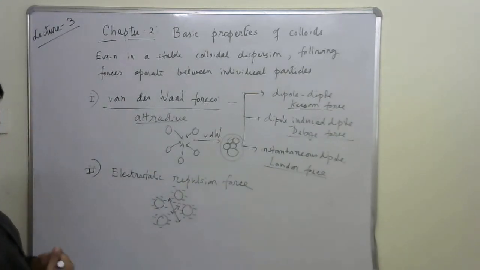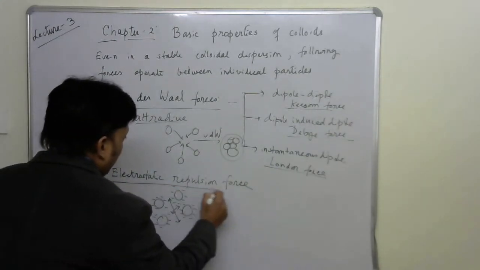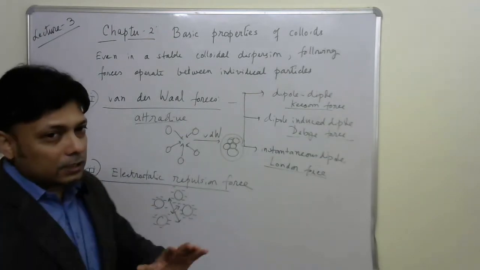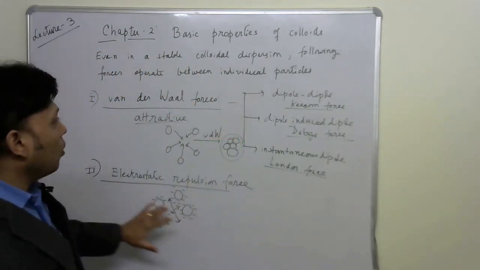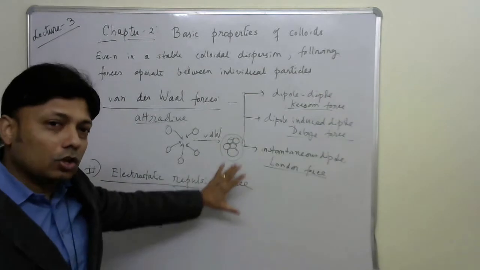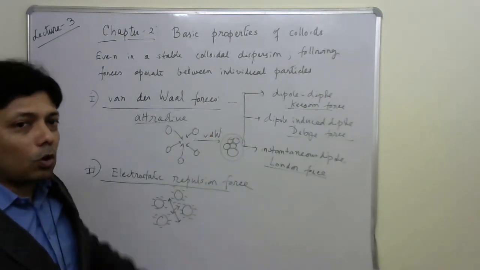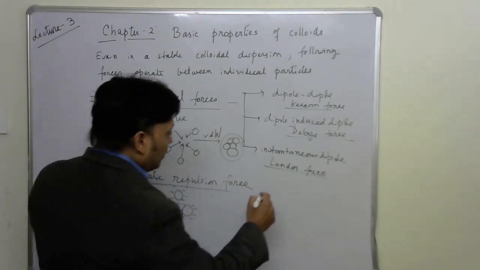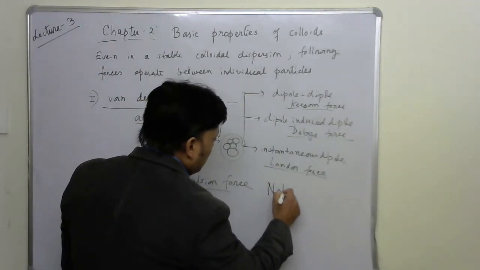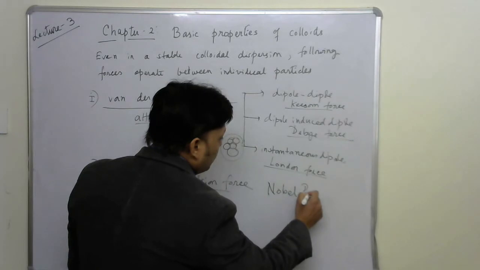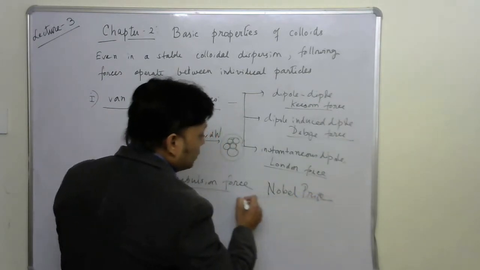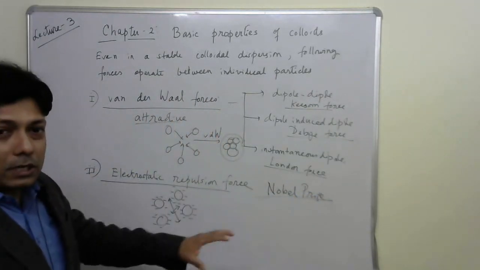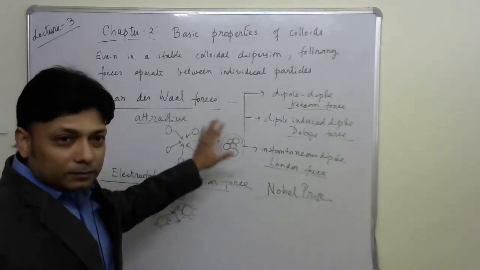Okay, so now you see there are different groups of scientists who explained the stability of colloids. So this is the central theory of the stability of colloids. Okay, and this theory is a Nobel Prize winning theory, because you can understand that this was not so easy to define.